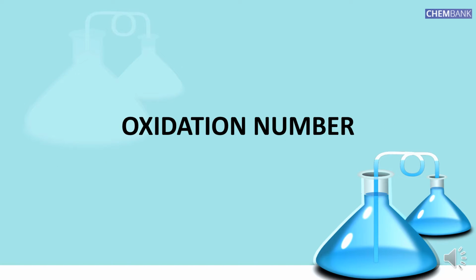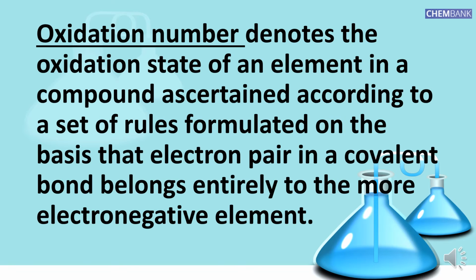First, let us understand what oxidation number is. Oxidation number denotes the oxidation state of an element in a compound, ascertained according to a set of rules formulated on the basis that the electron pair in a covalent bond belongs entirely to the more electronegative element.